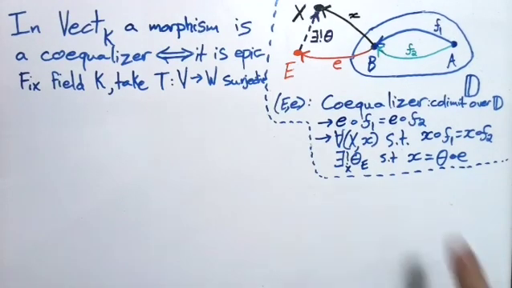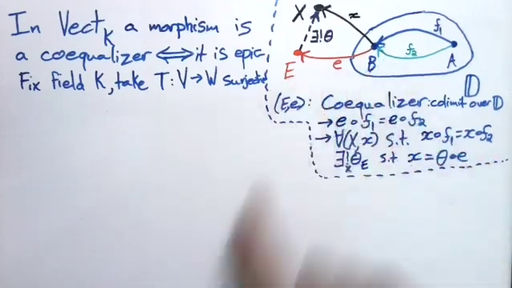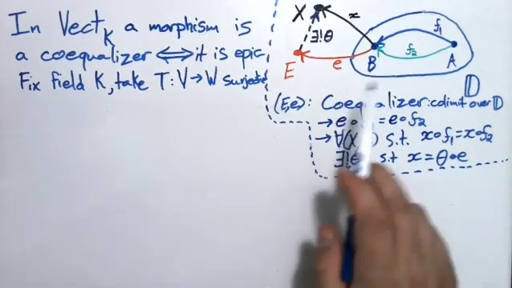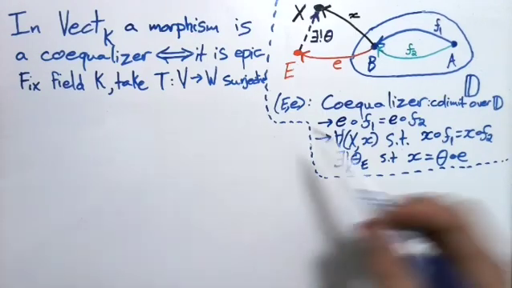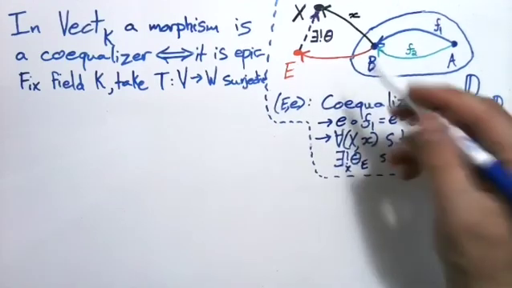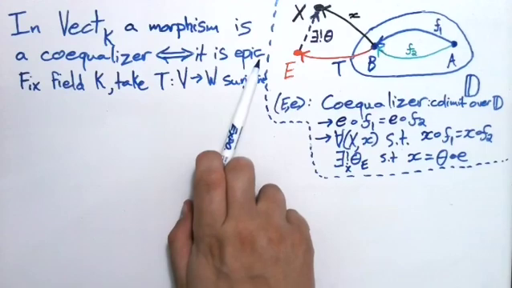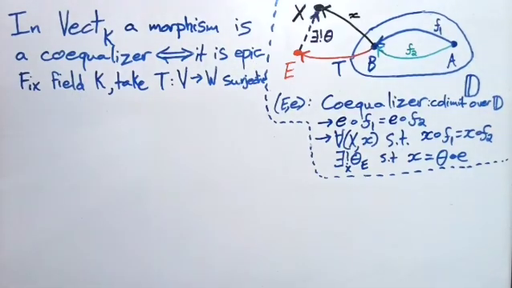So if we look at our diagram here, we're basically saying that any surjective linear transformation has to be a coequalizer. So let's just fill this in for our diagram. So E now becomes T, right? Because that's our surjective linear transformation, which is epic and therefore needs to be a coequalizer according to the theorem.